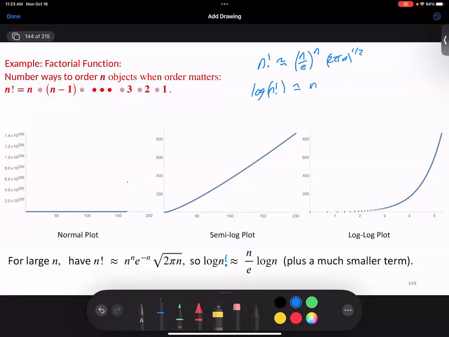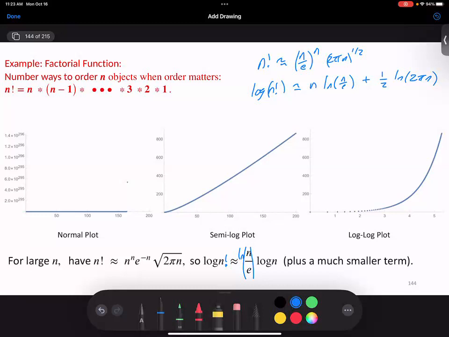That's going to be approximately n natural log of n over e, plus 1/2 natural log of 2 pi n. So yes, the mistake was the e.